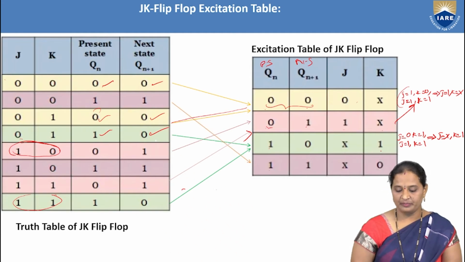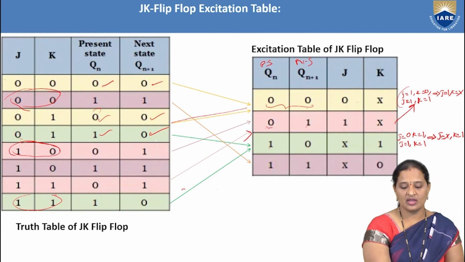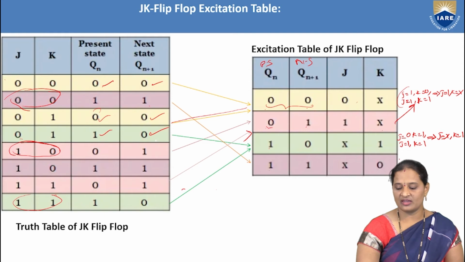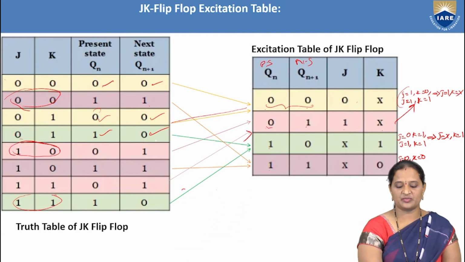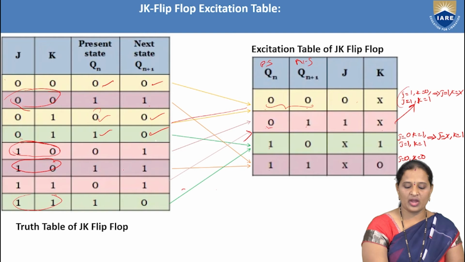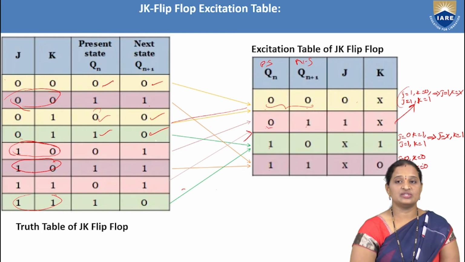Now the final one, 1, 1. Here, if you observe this combination, we have the present state as 1 and the next state is also 1. So what is the value of j and k here? J is equal to 0, k is equal to 0. And we can observe one more combination which produces a transition 1 to 1, where j is equal to 1, k is equal to 0.